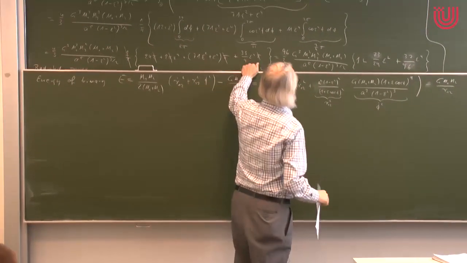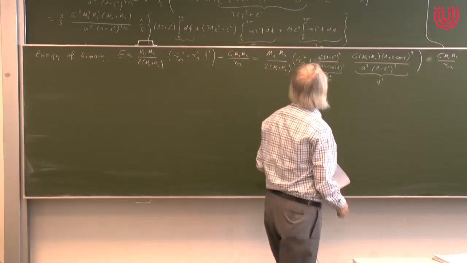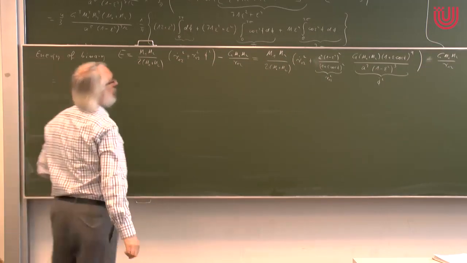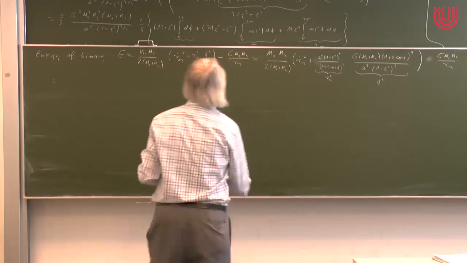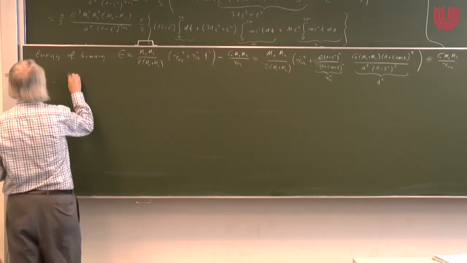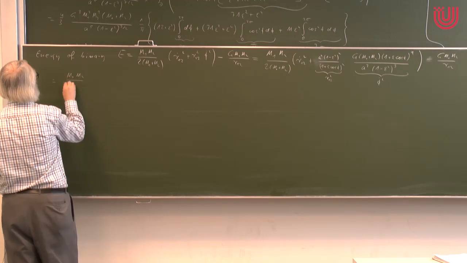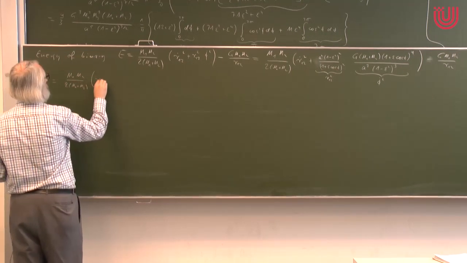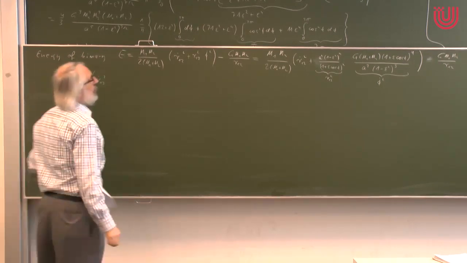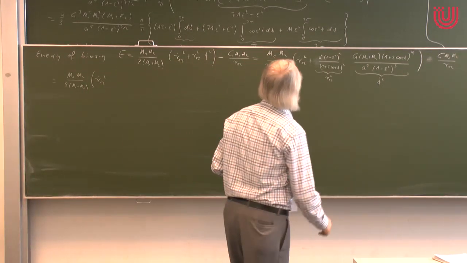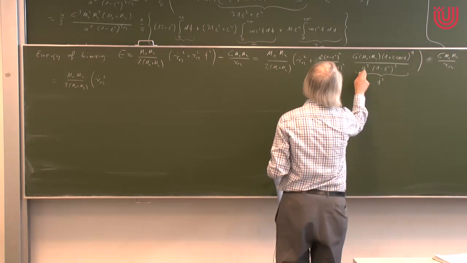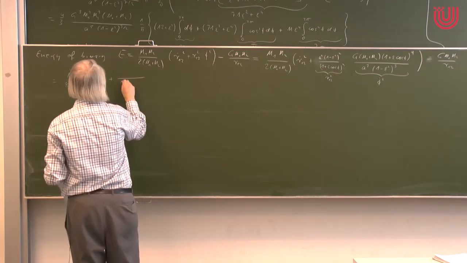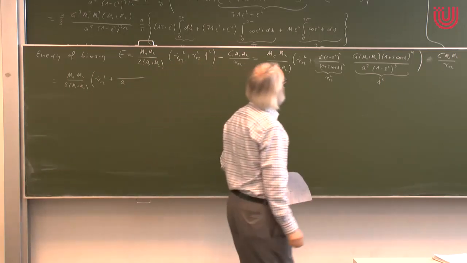Okay, this can be a little bit simplified. So, I write it again. So I have m1 m2 divided by 2 times (m1 plus m2) times r12 dot squared. And here I have a squared divided by a cubed. That gives 1 over a downstairs.